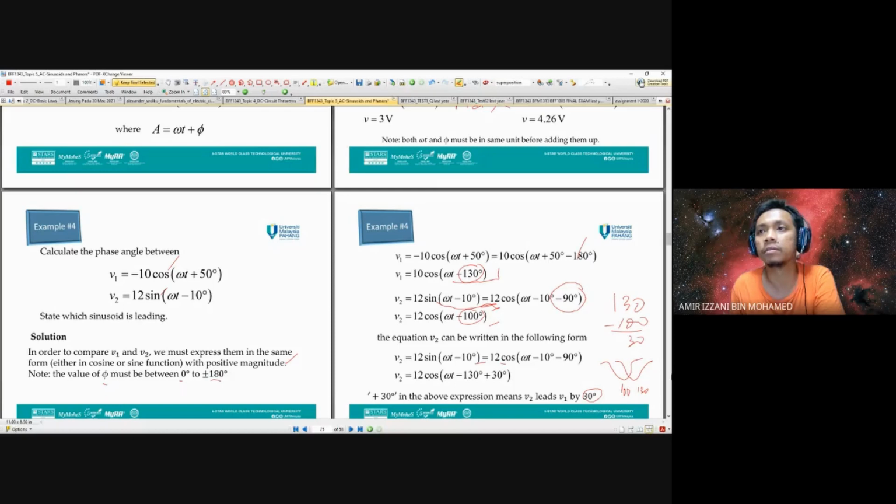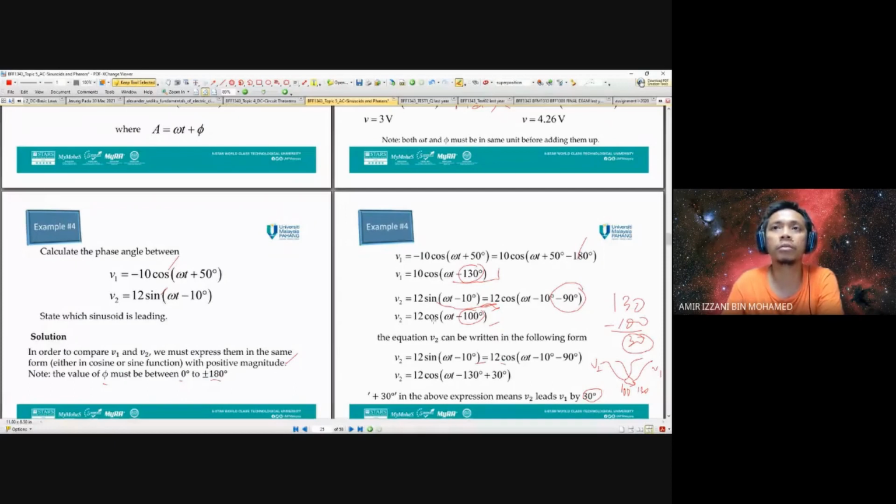This one is V1, V2. So the difference here is 30 degree. That's why we can say V2 leads V1 by 30 degree, because it moved from V1 to the left. So it leads.